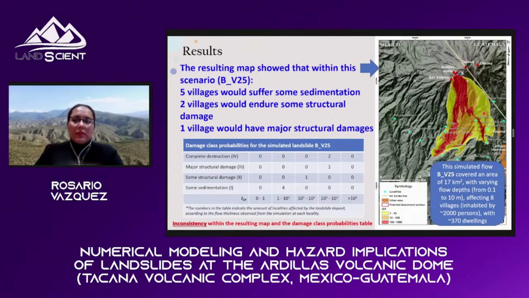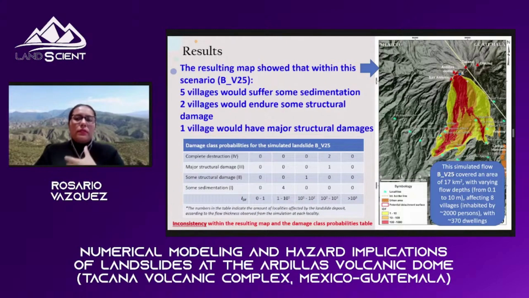But in these areas where the fine particles of the landslide could surpass a high topography, in those places, like in here, the level of certainty about the calculation of the velocity of impact is not that well estimated by the model.